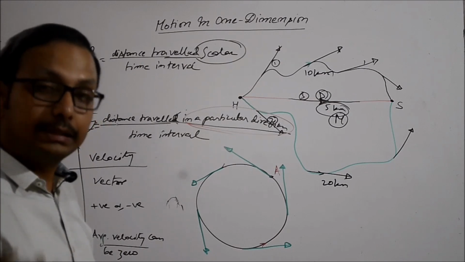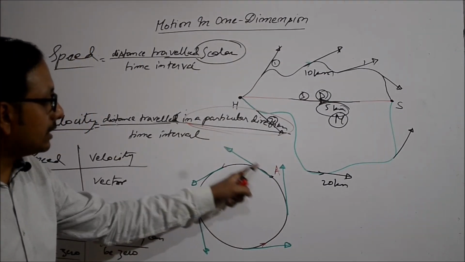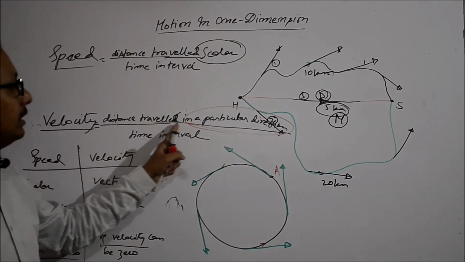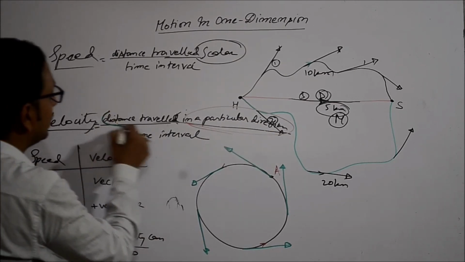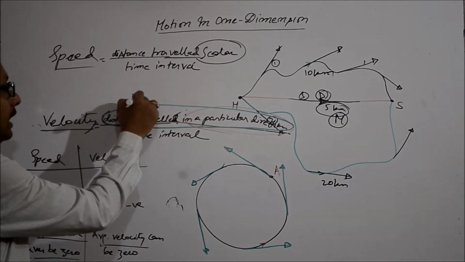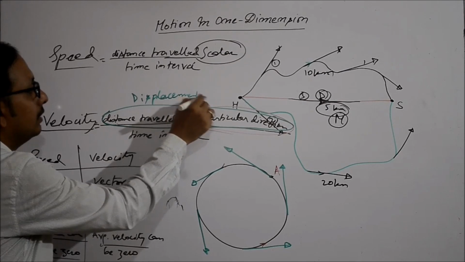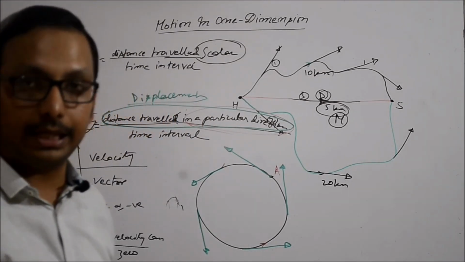This is one fact. Second fact: if it starts from A and ends at A, as I have written, distance traveled in a particular direction is nothing but displacement. Displacement is the distance traveled in a particular direction.